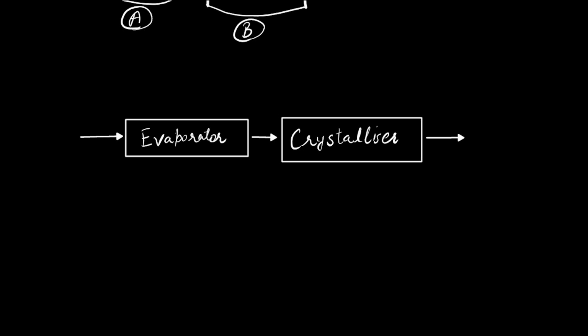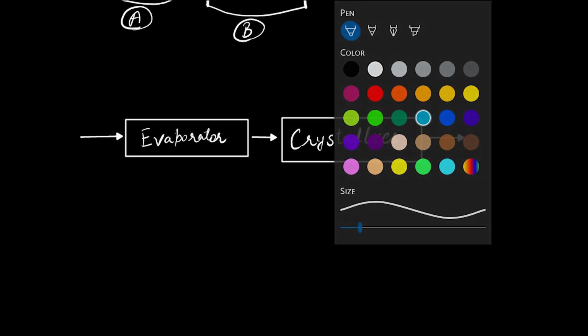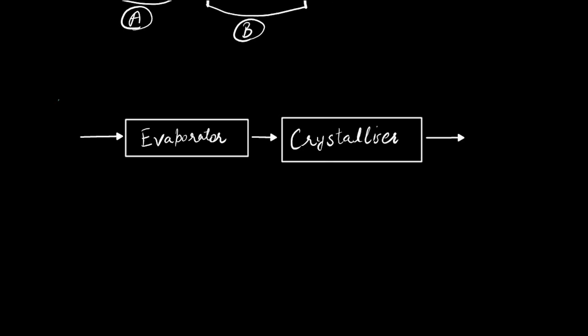Now let's say that in this evaporator a sugar solution is being fed. What is the function of an evaporator? The function of an evaporator is to evaporate the vapors from a given solution or from a given liquid or semi-solid. So an evaporator basically concentrates a dilute solution.